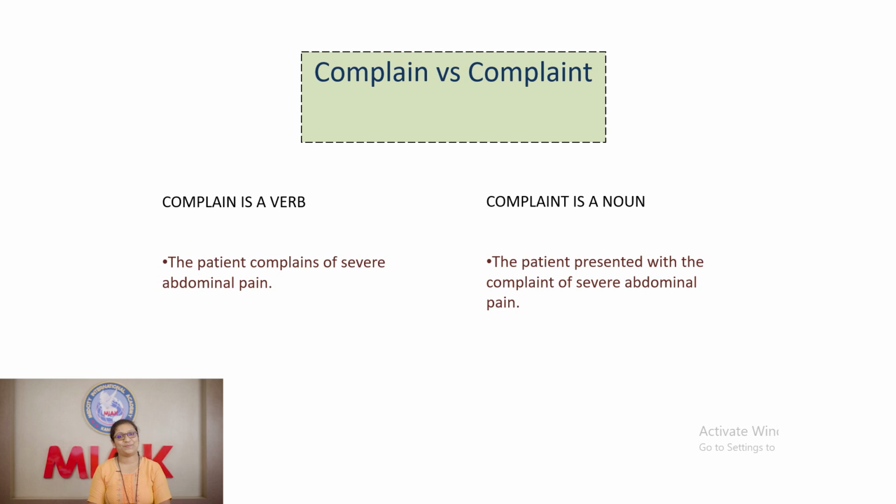It's a noun. Look at this example. The patient presented with the complaint of severe abdominal pain. Did you get an idea? എന്താണ് ഡിഫറൻസ് എന്ന് മനസ്സിലായോ? One is a verb which shows action, the other is noun.